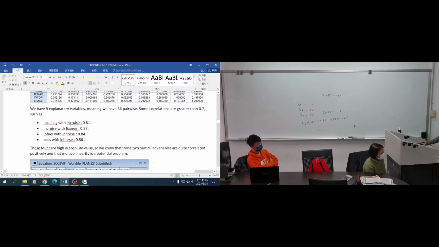Those four are high in absolute value, so we know that those two particular variables are quite correlated positively, that multicollinearity is a potential problem.